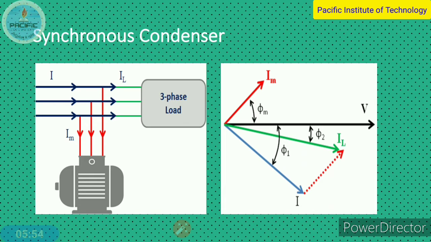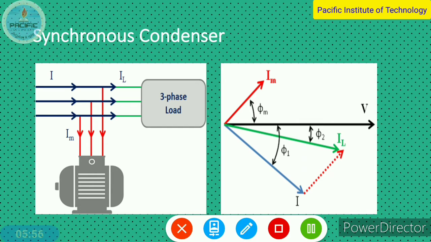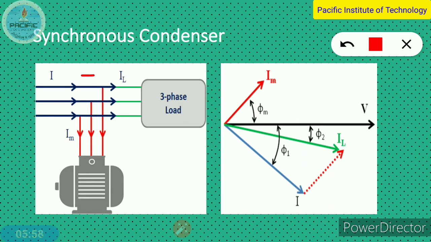In case there is no synchronous condenser, then I will be equal to IL, and the power factor of the three-phase load will be cos phi 2. By connecting a synchronous condenser, the current drawn by it is Im, and the power factor is improved to an angle phi 1.